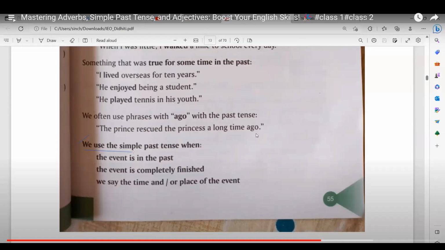Okay, Tuhin, I am coming back to you. Ashmita, can you tell me an example, beta? The event that has already happened in the past by using simple past tense. Tell me, Ashmita.